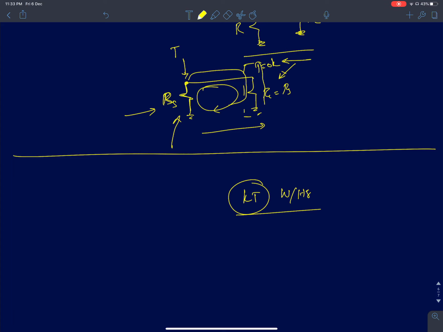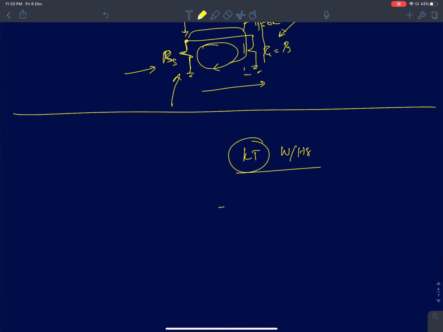Now the value of this kT is minus 173.8 if you take 10 log of kT, in dBm per hertz. Sometimes it's approximated to minus 174 for quick hand calculations. So this term is called the available noise power.